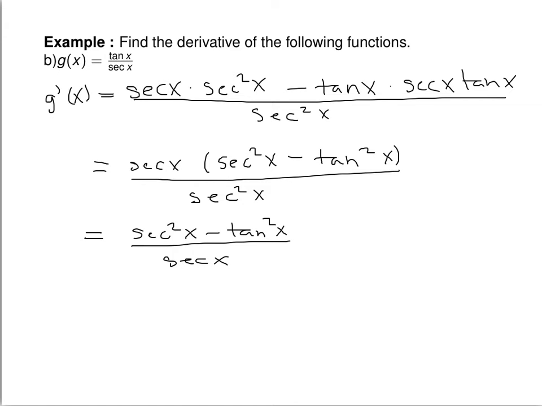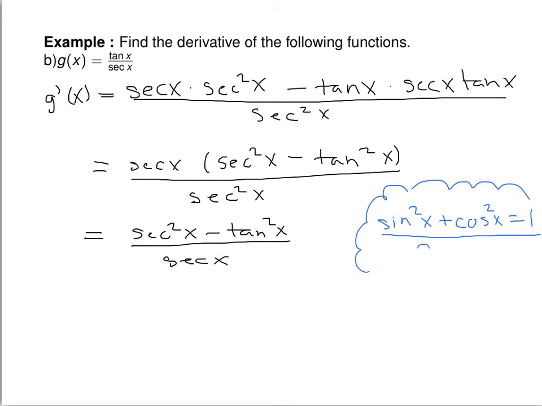And that's pretty good. You just need to remember something about secant squared x minus tangent squared x. So here's your little thought bubble. And you're thinking, I know that sine squared x plus cosine squared x equals 1 because you're all trigonometry rock stars. So if you take that identity and divide it by cosine squared x, sine squared over cosine squared gives you tangent squared x. Cosine squared over cosine squared is equal to 1.